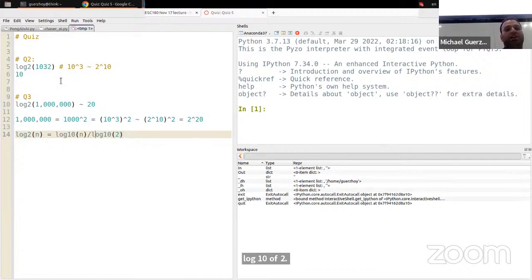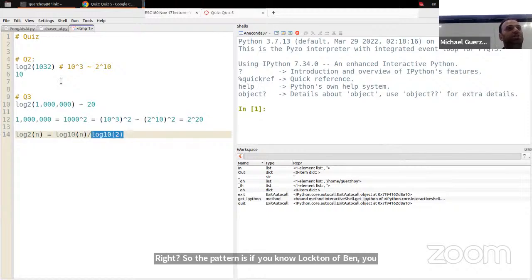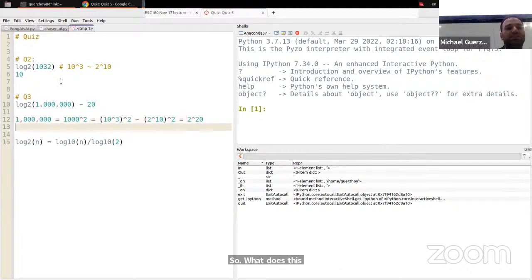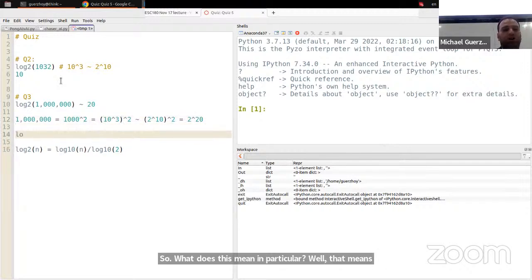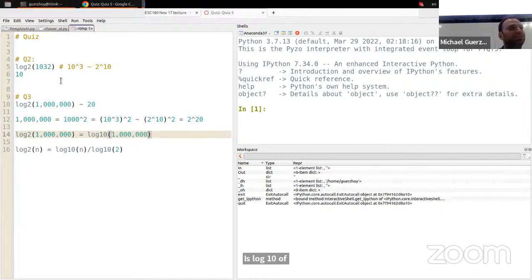So the pattern is, if you know log 10 of n, you also know log 2 of n because the difference is just log 10 2, right? So what does this mean in particular? Well, that means that log 2 of 1 million is log 10 of 1 million, which is 6, divided by this constant log 10 2.